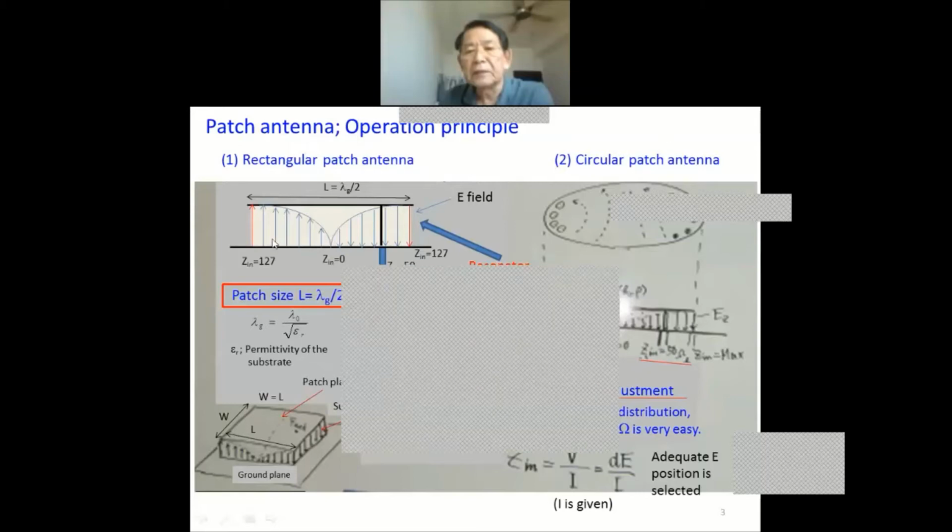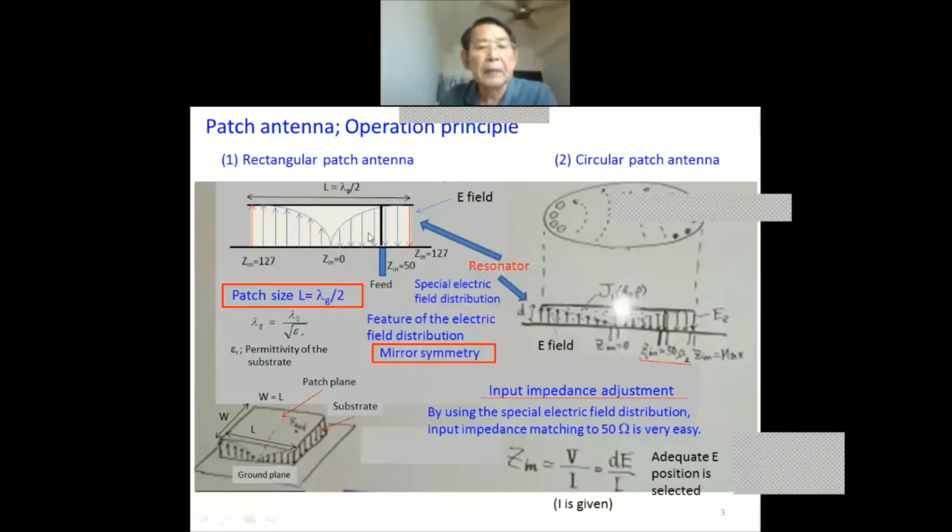So this electric field is in the upper direction. From the center, the electric field becomes the lower direction. And the electric field strength becomes highest at the opening place. So this is the fundamental resonant mode.